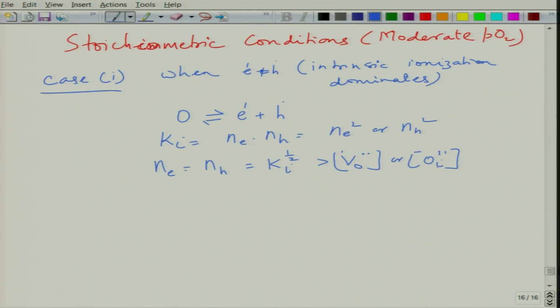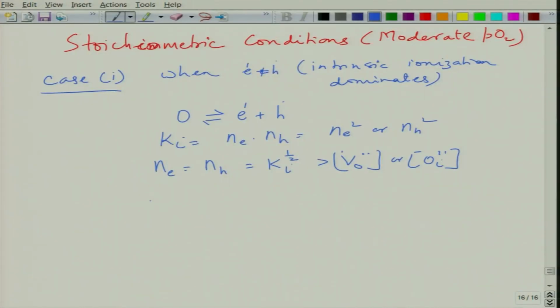Basically what we are saying is intrinsic ionization dominates. It means there could be Frenkel defect formation, but the concentration of electrons and holes is significantly larger than the concentration of oxygen interstitials or oxygen vacancies formed as a result of anti-Frenkel defects.